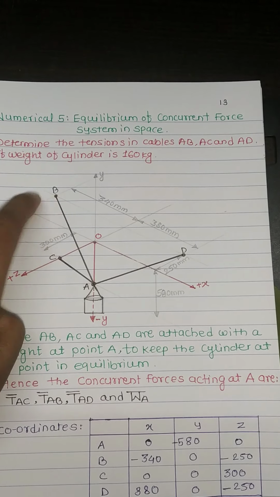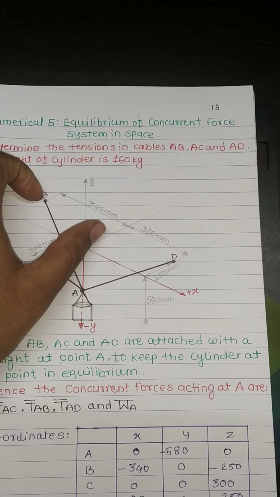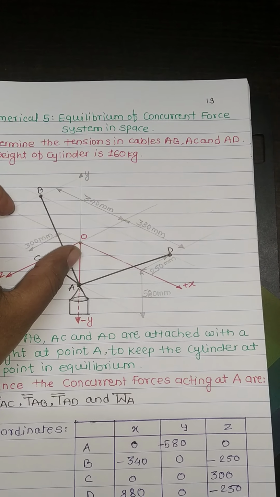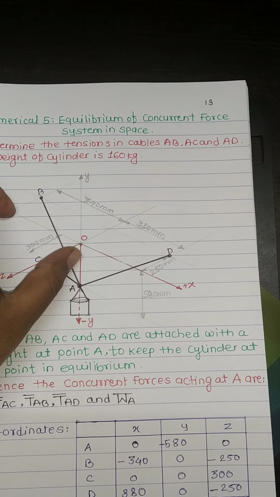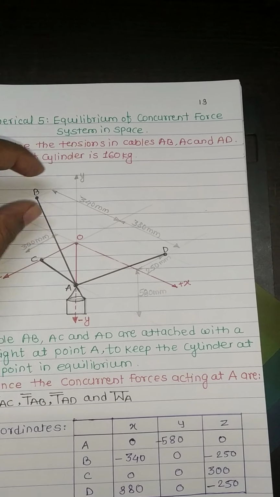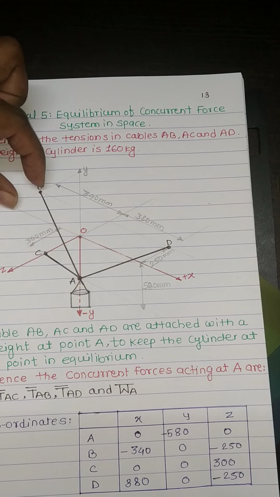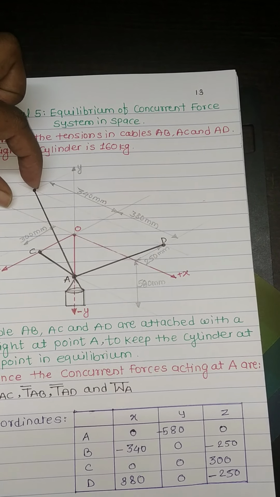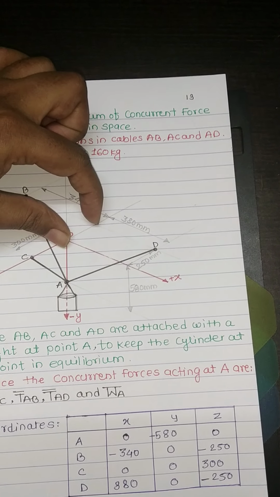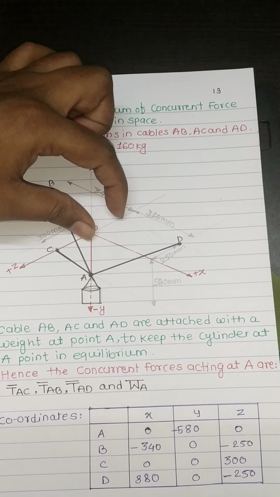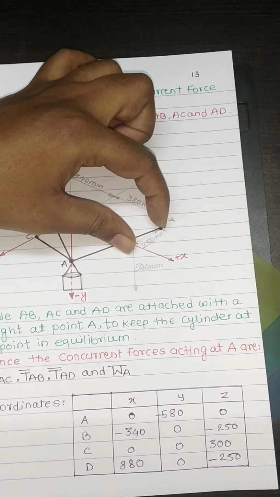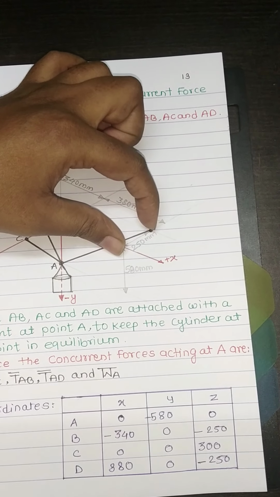The parallel distance of this point B from the origin parallel to the x-axis is minus 340 mm, and the parallel distance of this point B from the origin along the z-axis is minus 250 mm.